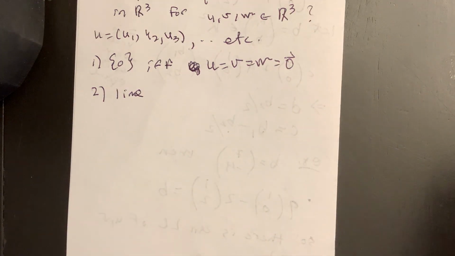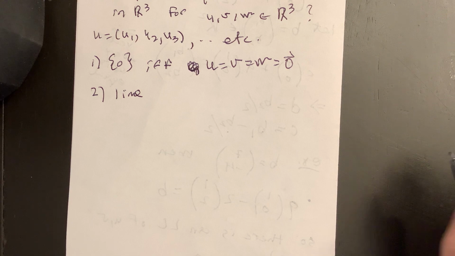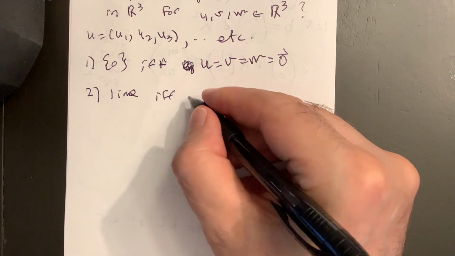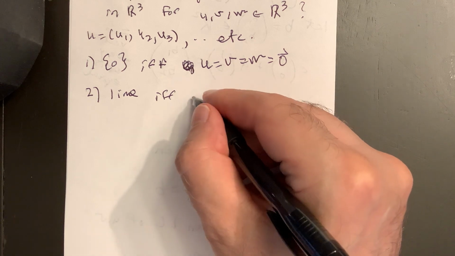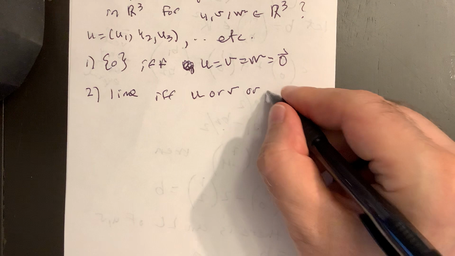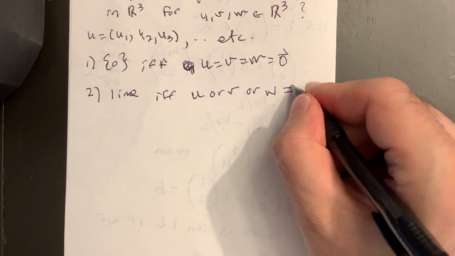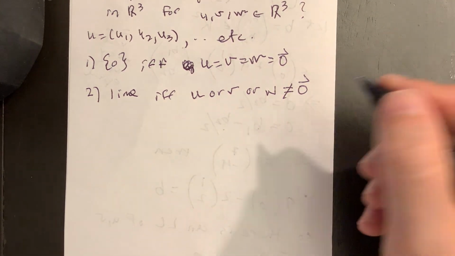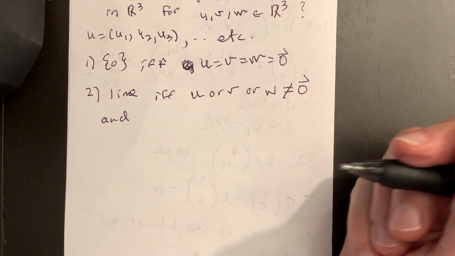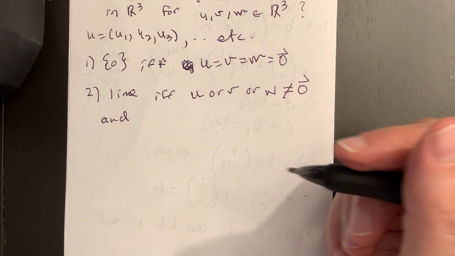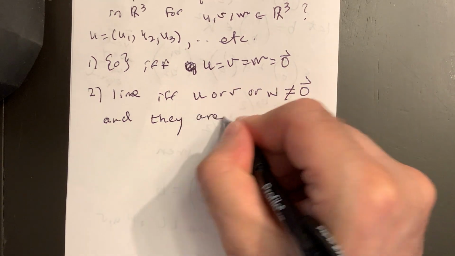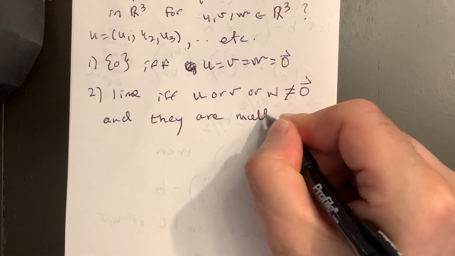It's not a lime. A line is possible. So this happens if at least one of u or v or w is not the 0 vector, and they're multiples of each other.